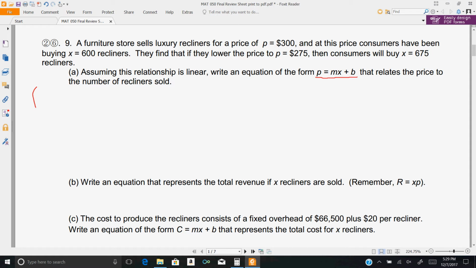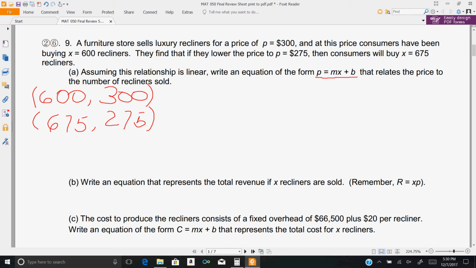If P is 300, X is 600, we put the X first, 600, 300. And then they lower the price to 275. So P comes second, 275. Then people will buy 675 recliners.